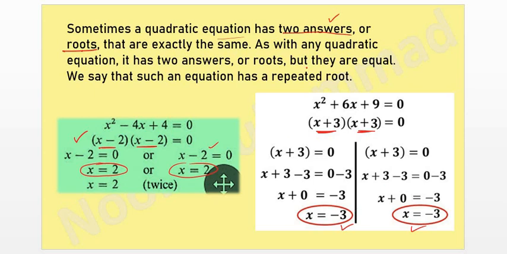If the answers are exactly the same, or you can say the two answers or the roots are equal, we say that such an equation has a repeated root, repeated answer. Usually in your book, if you are getting two similar answers, they have written the answer twice. So all the questions in this exercise are of this type.